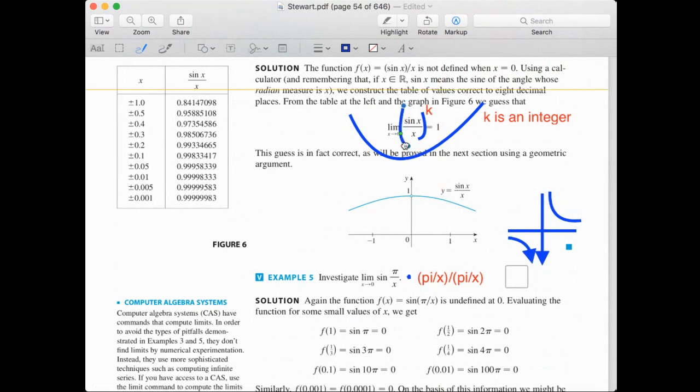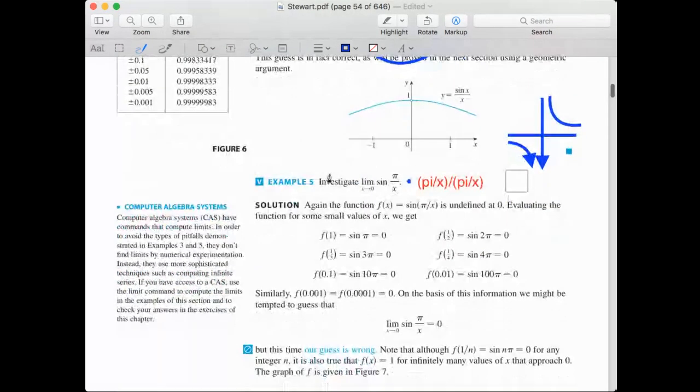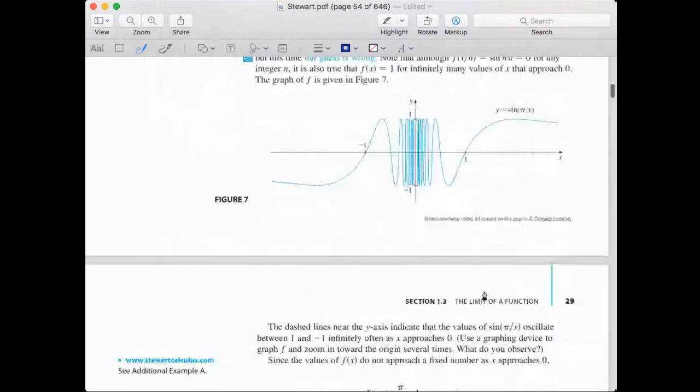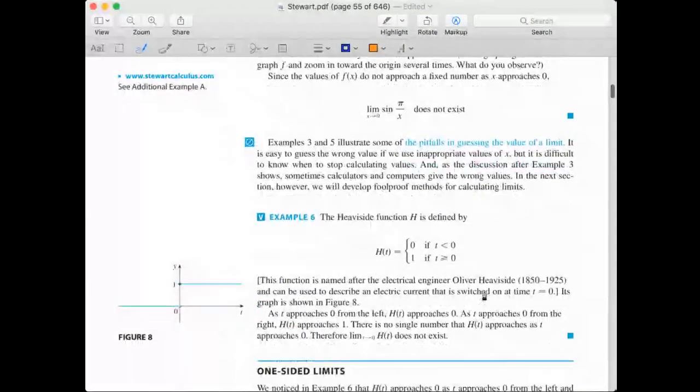So this identity is very useful. Sine x over x, inside parentheses, is raised by k, where k is any integer. So the limit does not exist for this one. That's the conclusion.